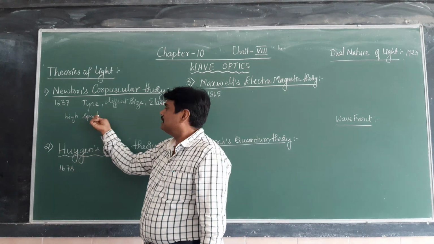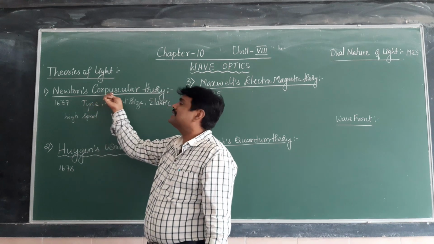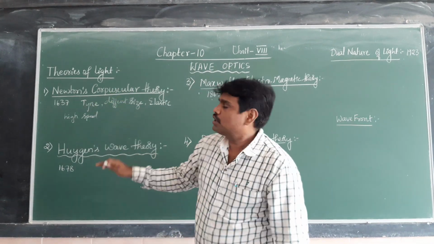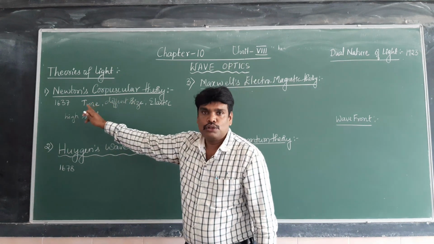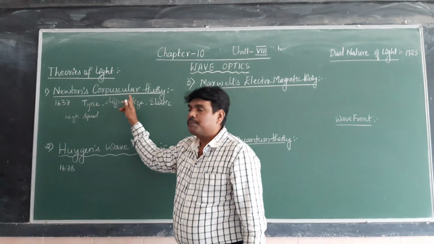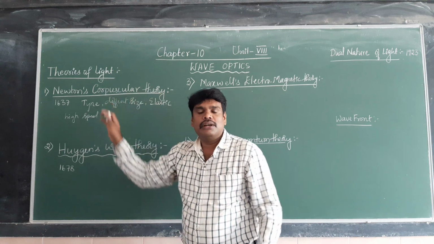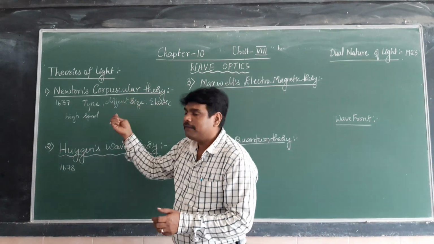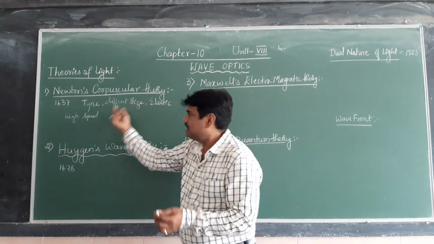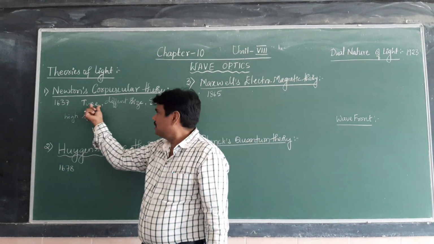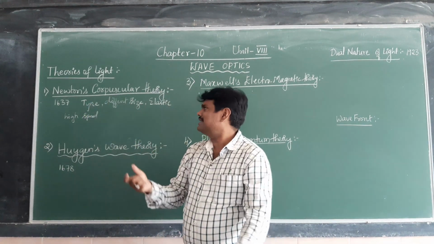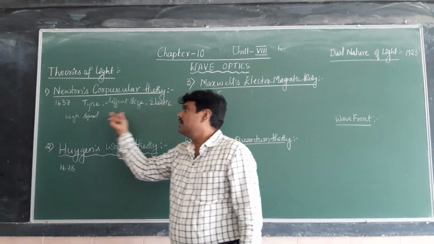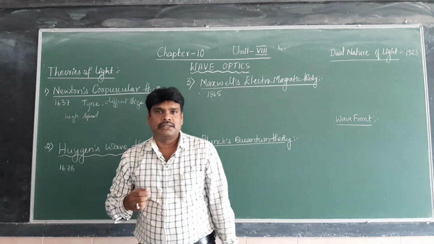These particles we name corpuscles. That's why this theory is also called Newton's corpuscular theory. So what type of assumption has he made? Light is nothing but a tiny particle of different sizes, highly elastic in nature, and moving very fast.